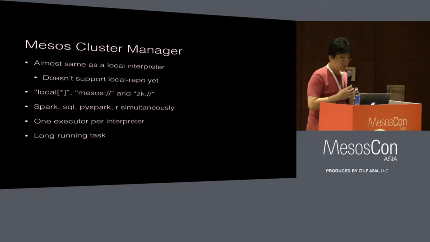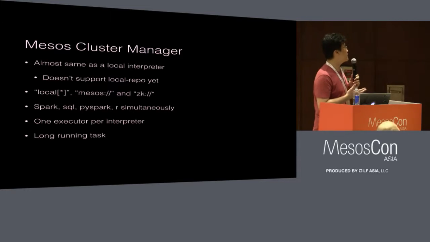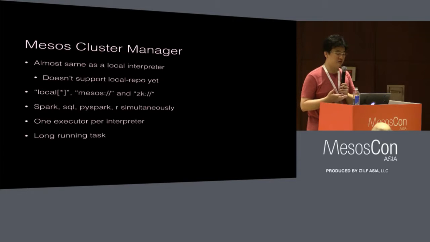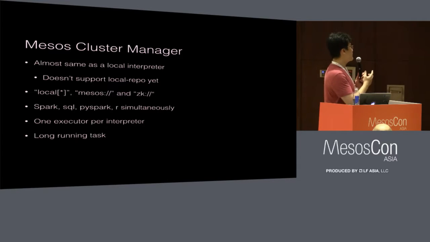But you can set the local or Mesos address format, and the JDBC format is also separate, and you can run Spark, SQL, PySpark and R simultaneously in just one Spark interpreter. And I'm not sure it's the proper way to use the Mesos cluster, but in the case of Zeppelin, each Zeppelin interpreter has its own executor and just one long running task.